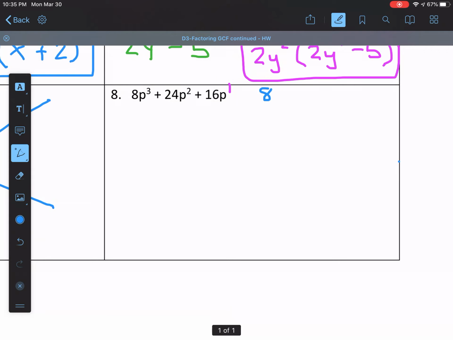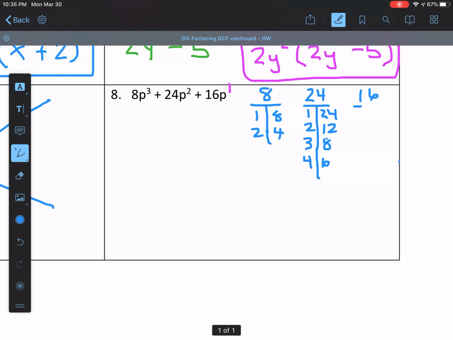So our factors of 8 are 1 and 8 and 2 and 4. Our factors of 24 are 1 and 24, 2 and 12, 3 and 8, 4 and 6.